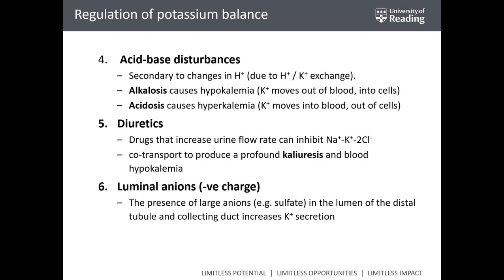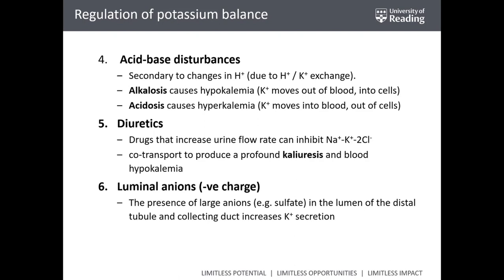A fifth factor which regulates potassium balance, and you need to know these all. I'm not joking. These are very important factors. Diuretics, drugs which promote the loss of urine. Diuretics often work by inhibiting sodium-potassium-chloride co-transport, and that will result in the increased urine production.